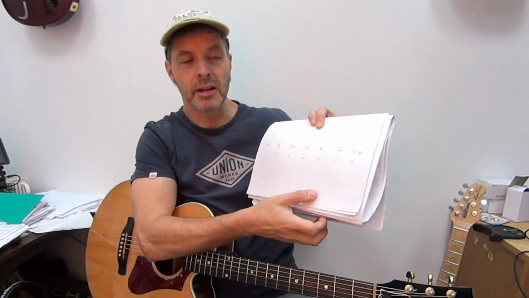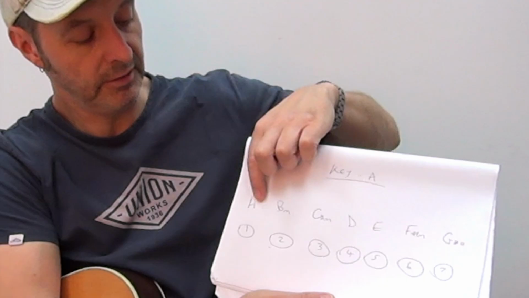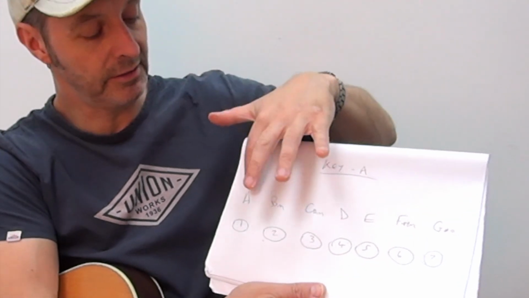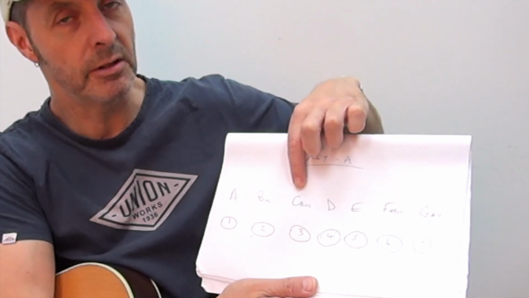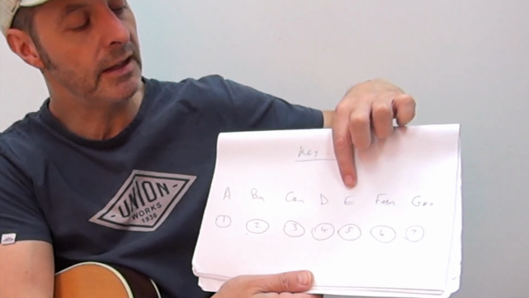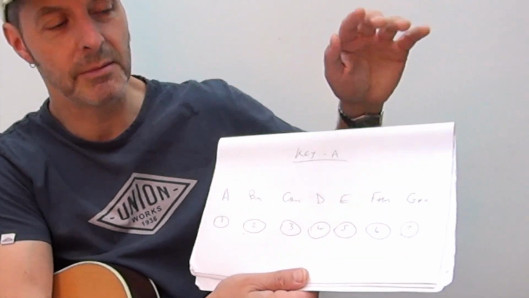Apply the major minor thing to that. We end up with A, doesn't say anything, which means it must be major. If it doesn't specify, then it's major. So A major, B minor, C sharp minor, D major, E major, F sharp minor, G sharp diminished. That's the one we're going to kind of forget about.